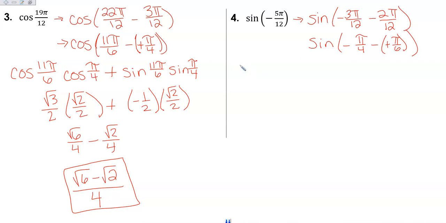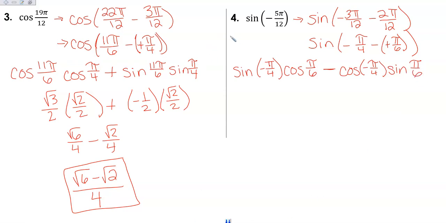So when we do this, this is going to be the sine of negative pi over 4 times the cosine of pi over 6. And the signs for sine are going to match. We're subtracting here. Now, remember, we've switched. We do the cosine of the first angle, so the cosine of negative pi over 4 times the sine of pi over 6.